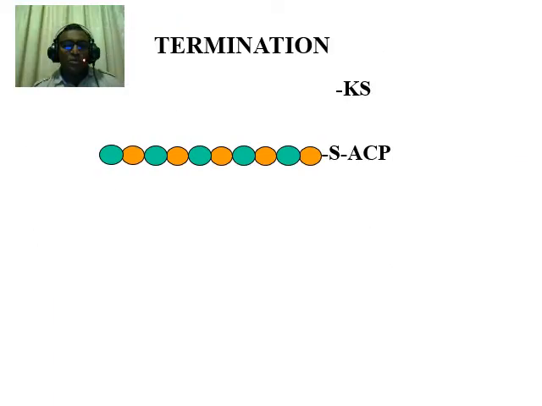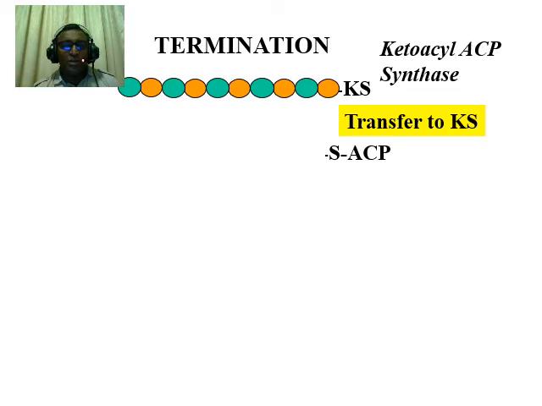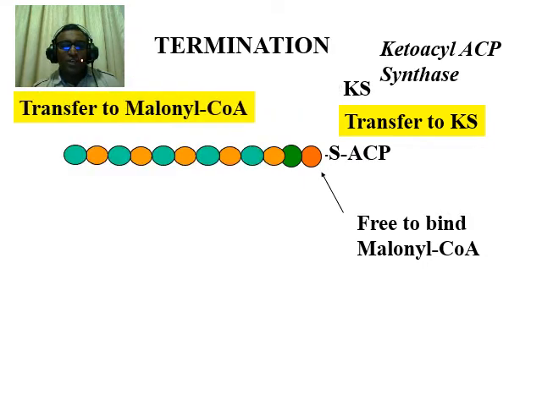That will be done as shown here, where assuming the 14 carbon is now formed at the ACP, then to form the 16 carbon, it will transfer to the condensing enzyme, and then the malonyl CoA will come, just like the way it's done for the extension, and the 14 carbon will be attached to the ACP.